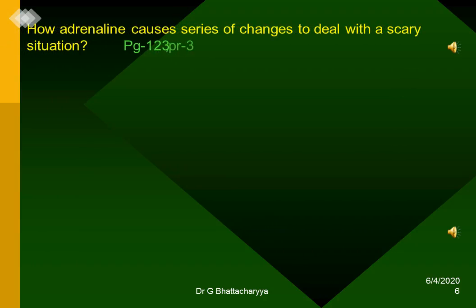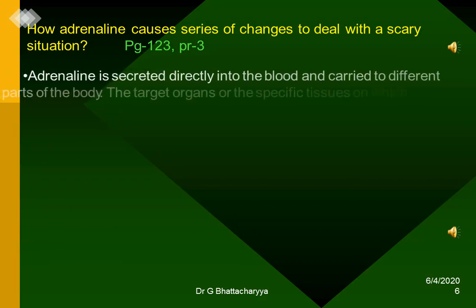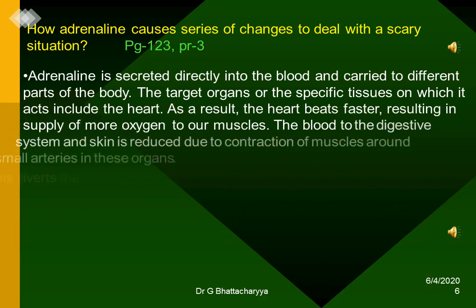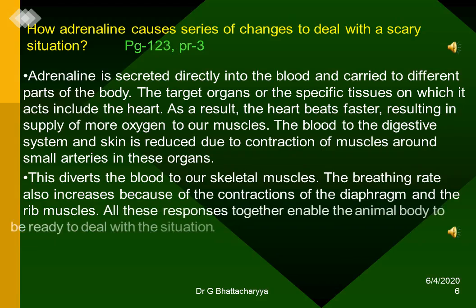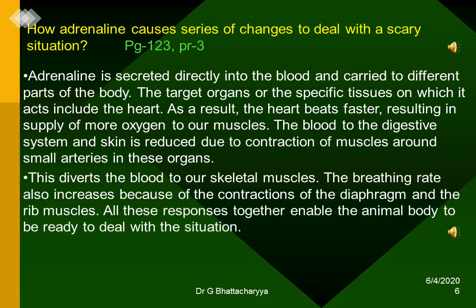How adrenaline causes a series of changes to deal with a scary situation. Adrenaline is secreted directly into the blood and carried to different parts of the body. The target organs or the specific tissues on which it acts include the heart. As a result, the heart beats faster, resulting in supply of more oxygen to our muscles.